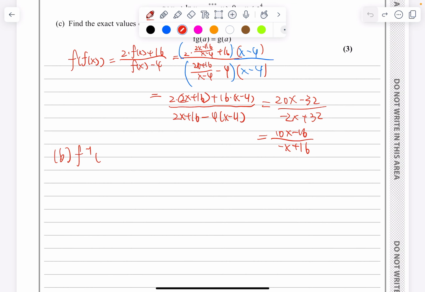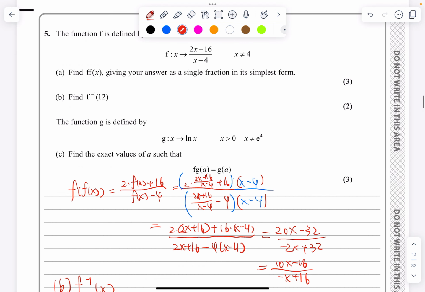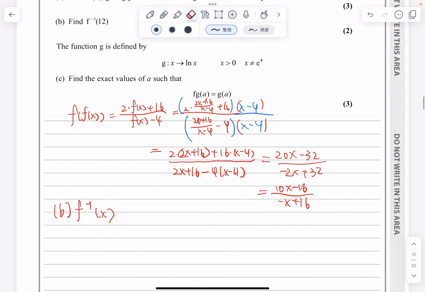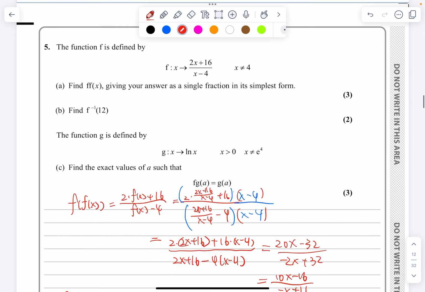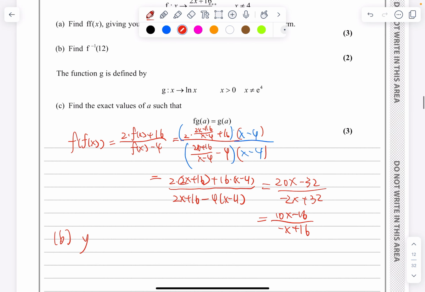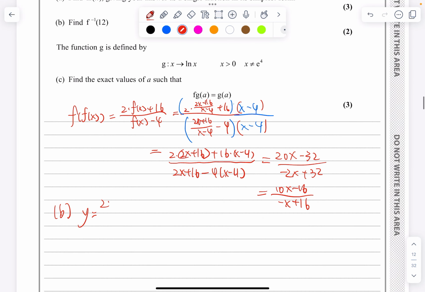Oh, let's actually find the inverse function of f here, okay? So we know, let's call y as f, okay? y equals (2x plus 16) over (x minus 4).